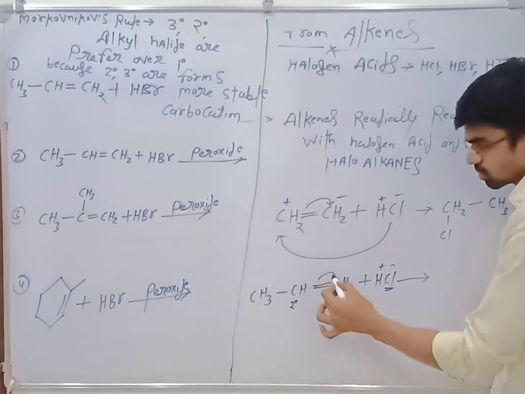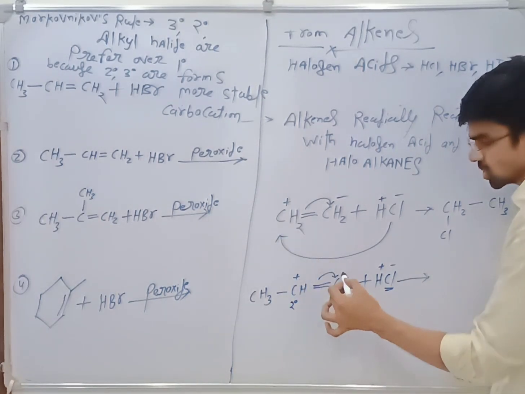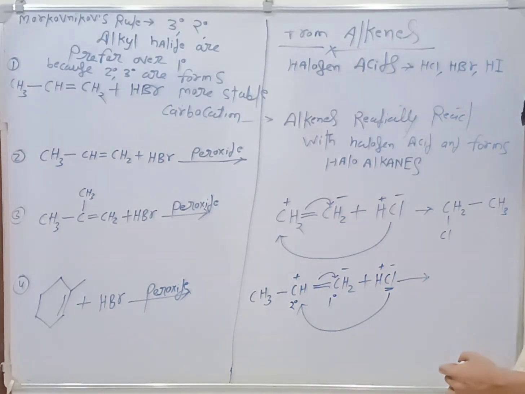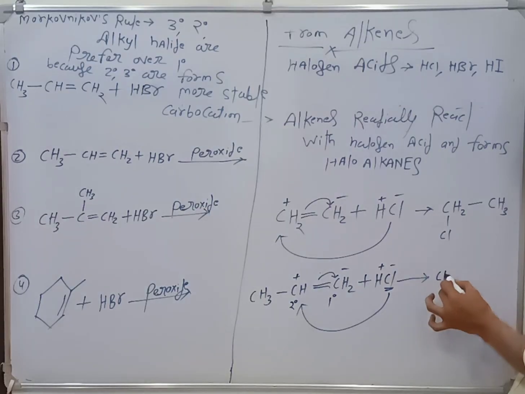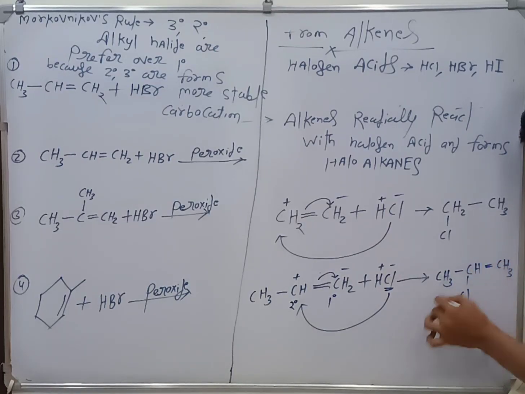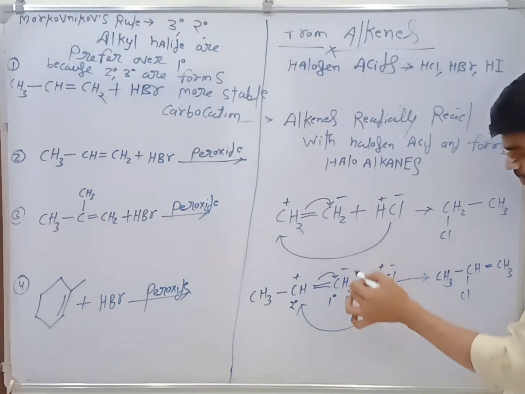So the electron will shift here, it will form a positive charge and a negative charge. So Cl will get attached to the 2 degree carbon, so it will form CH3, then C with Cl attached, CH3, and this will form CH. Now H will attach to this carbon.